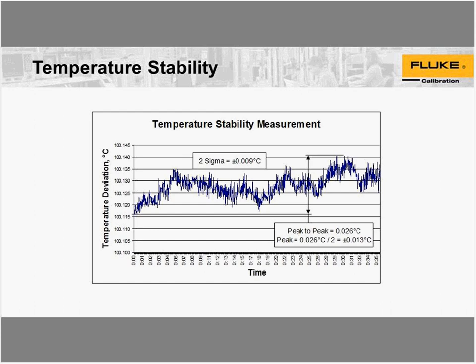Now there are different ways of evaluating that. In this particular case, you may be using something like peak, which is looking at the maximum versus the minimum temperature and looking at that overall spread, or sometimes dividing it by 2 for a plus and minus value. A statistical approach is to use sigma, which is 2 times the standard deviation.